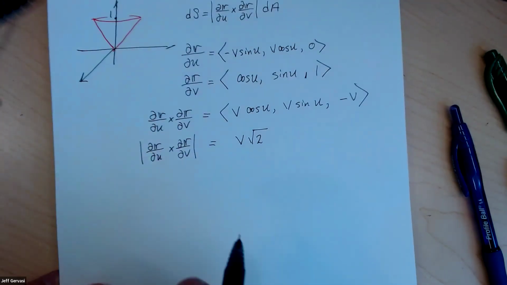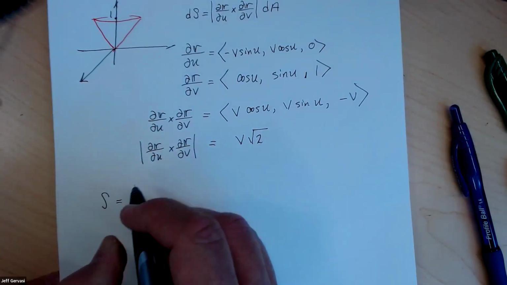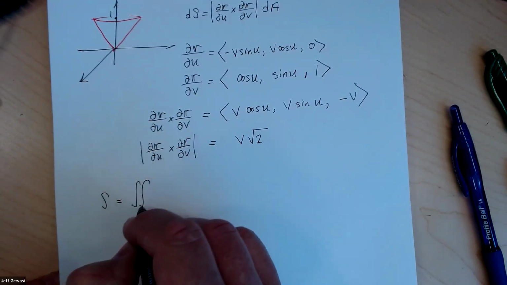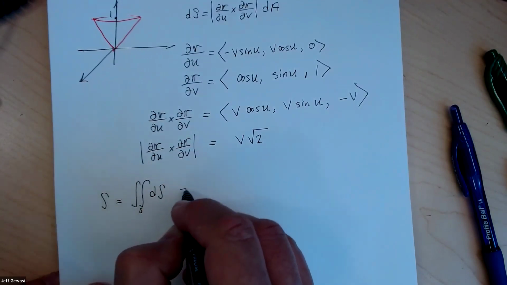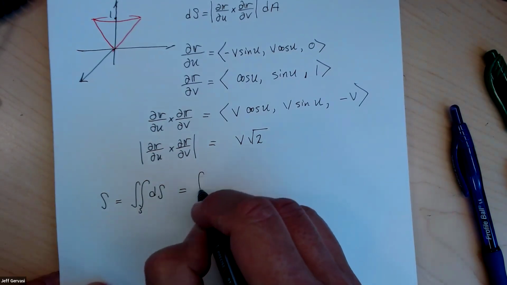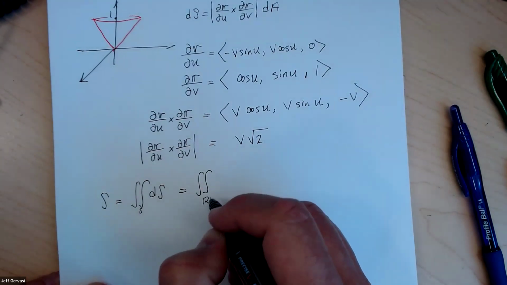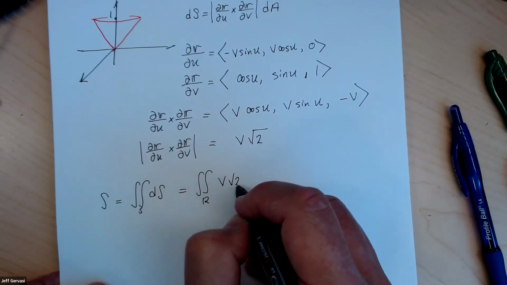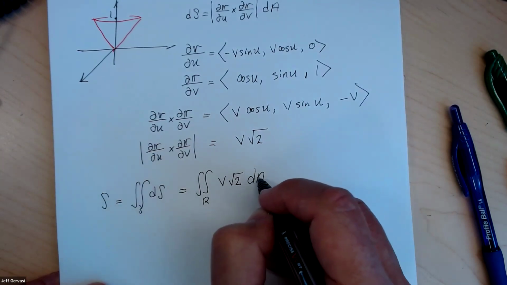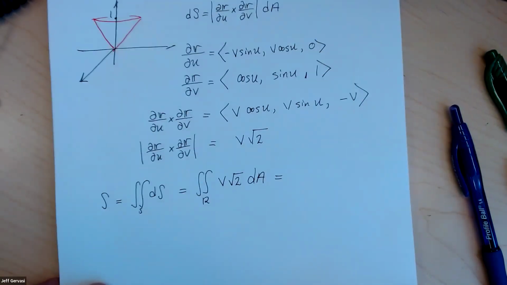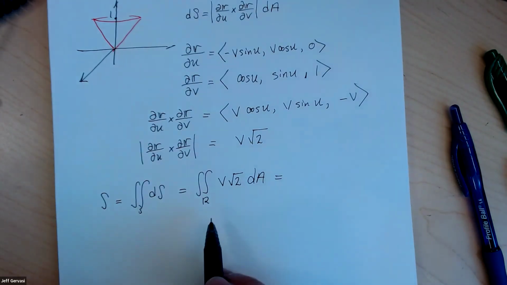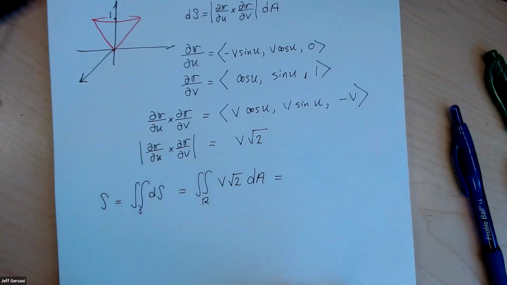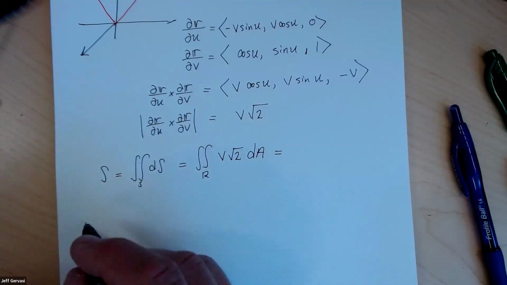So then our surface area, okay. All right, now region R is in the UV plane. Quick little sketch of that.